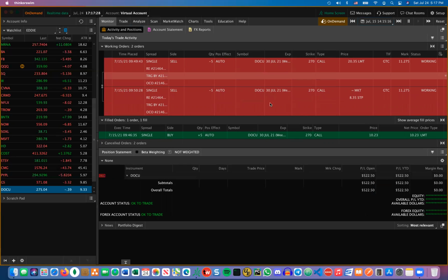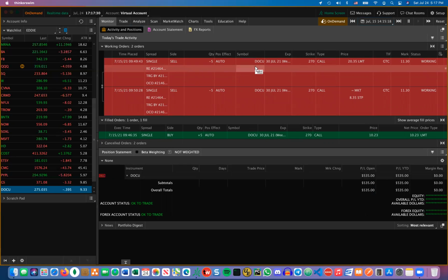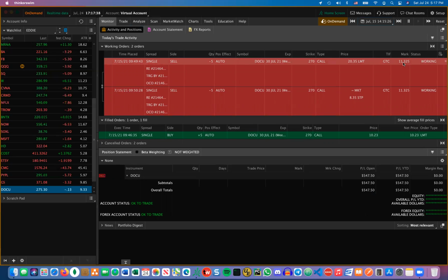The way I know that is I am looking at my monitor tab here, and I have a sell to close. I have a target price of $20.35, and we're at 11.32. So I'm looking at the price here is my target, and the mark is where the current price or the current value of my premium is, right? 11.42.